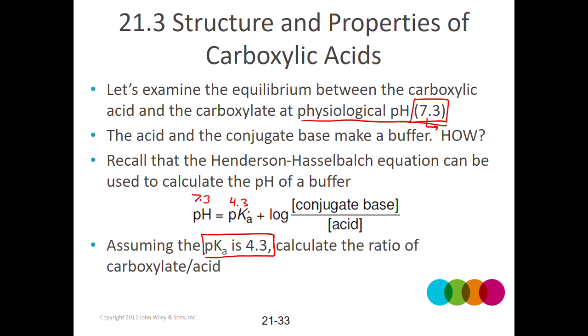So if we do that, we just subtract 4.3 from both sides. 7.3 minus 4.3 gives me 3. That will give me the log of the carboxylate. I'll just draw the structures here. Over the acid.